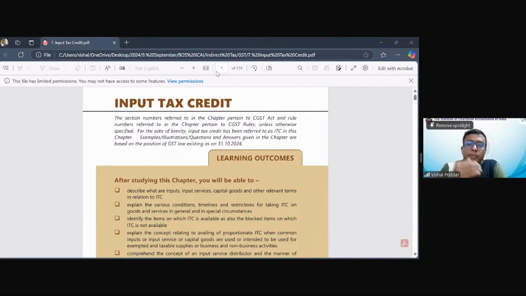So similarly, if I'm debiting this input tax on my purchases, the same input tax is appearing as a credit entry, as a credit balance, in the books of the government in the portal. So in their books, my input tax is appearing as a credit balance. And that is the technical reason for naming it input tax credit.